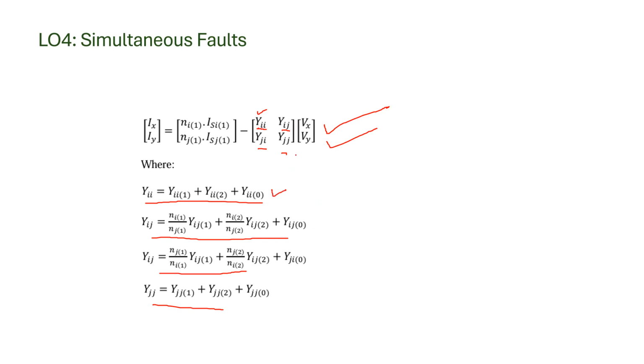First you have to calculate these Y parameters of the equivalent network, where the three two-port networks, positive, negative, and zero, are connected in parallel, and then you have to multiply it with Vx and Vy. Then you can get this correction.